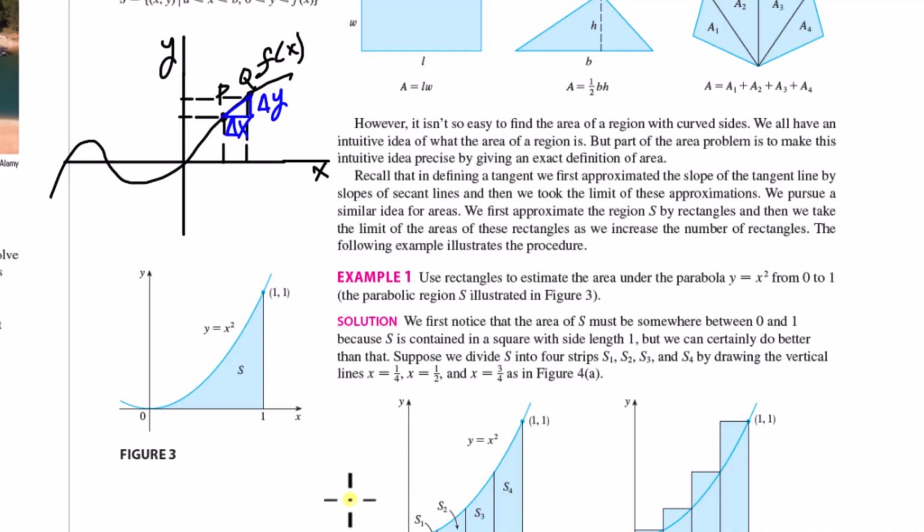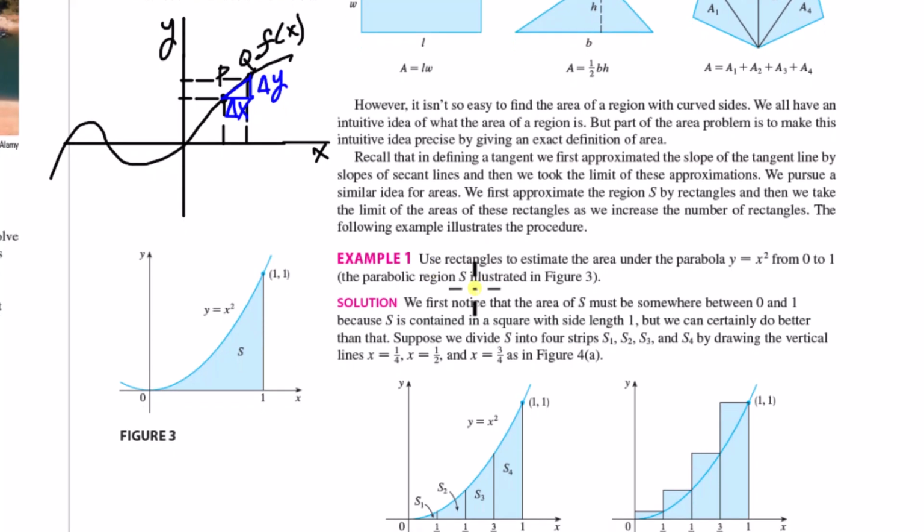As we go through this example, let's think about the parallels to the secant line in terms of area. And when we apply the limiting process, what exactly is the tangent line in terms of area? The parallel is that once you apply the limiting process, the area is the definition of the exact area under the curve.